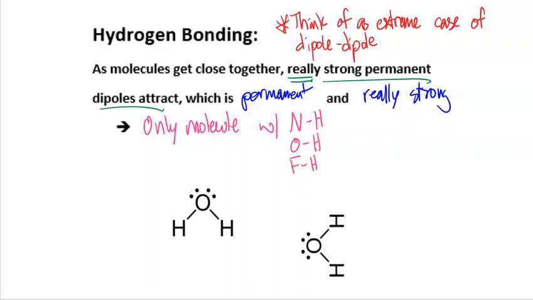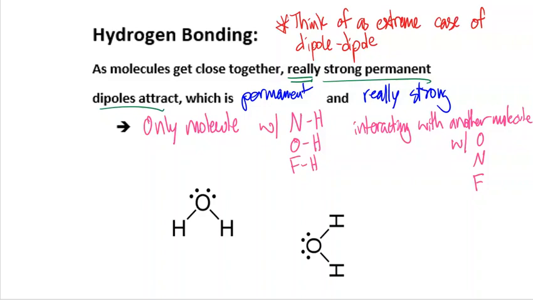Then this molecule that has an OH, an NH, or an FH is going to be interacting with another molecule that has an O, an N, or an F. So notice that with this, only one of the molecules has to have an H connected to an O, an N, or an F. The other molecule, all that it has to have is an O, an N, or an F. And I'll give you an example of that in just a minute.